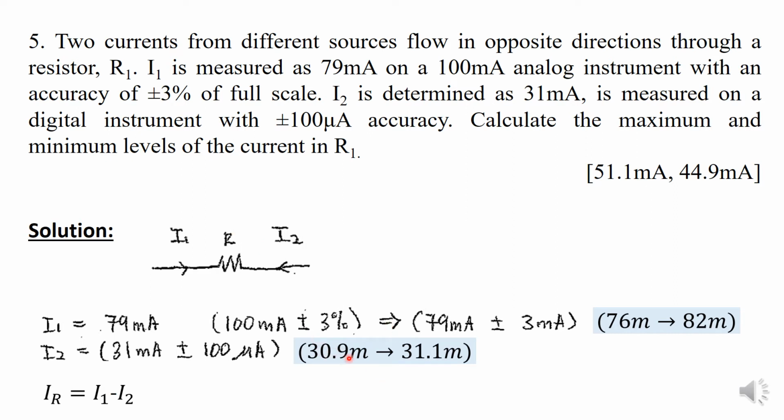Meaning that if you measure I2 and you get an answer from 30.9 milli to 31.1 milli, it can be accepted. Since I1 and I2 flow in different directions, IR is equal to I1 minus I2.